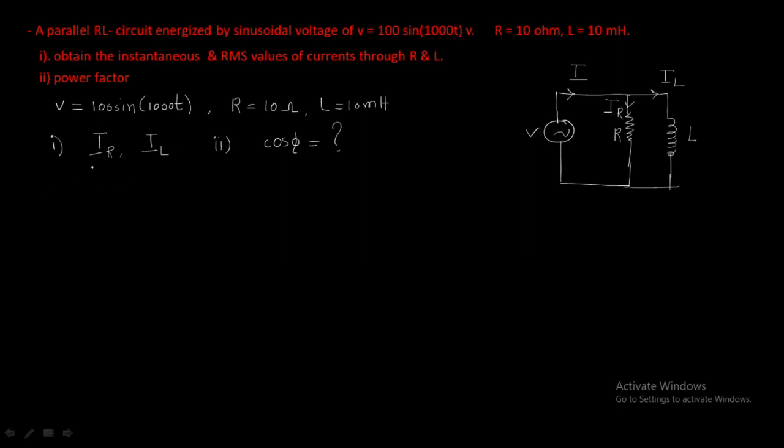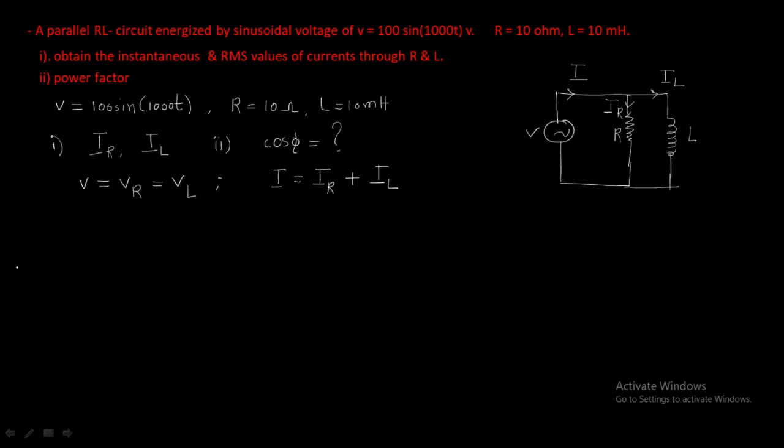Before that, what is common in all three branches? V, R, L are connected in parallel, so the voltage across the supply, across the resistance and across the inductor is the same. The supply current I is divided into IR plus IL, so I is nothing but IR plus IL.